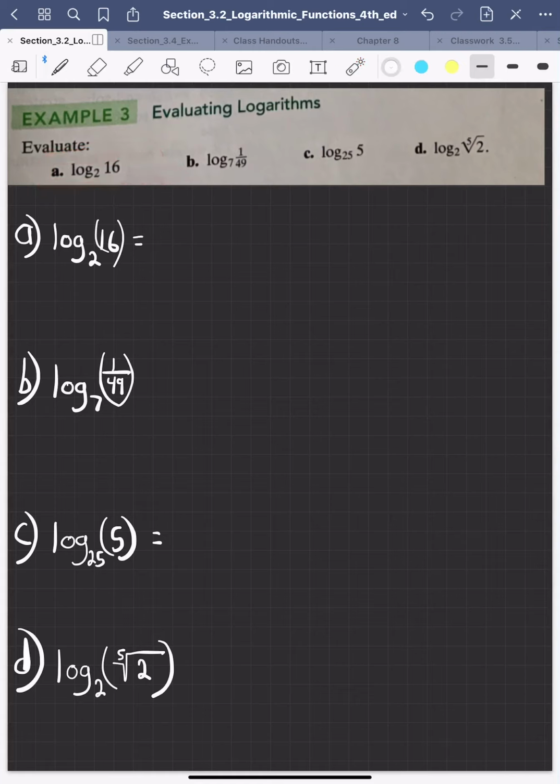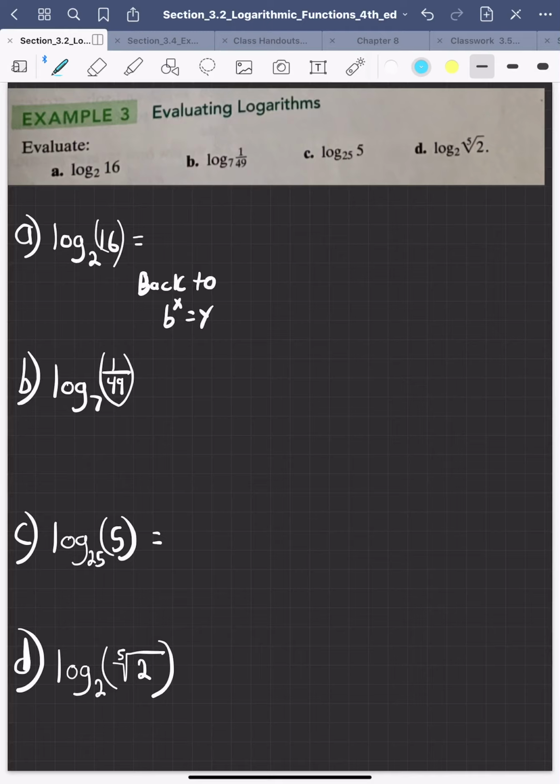Okay, so we're going to go back to exponential form. And then we'll see if we can solve it. Ready? So I've already shown you how to do each of these, going back and forth from exponential to logarithm, so I'm going to go through this part quickly.